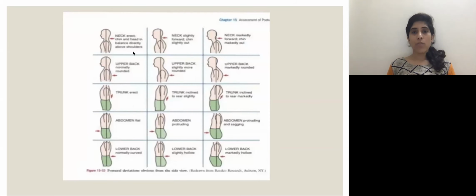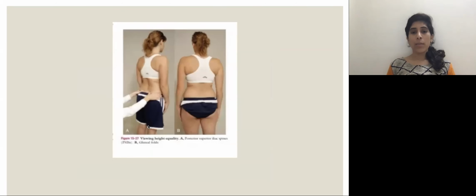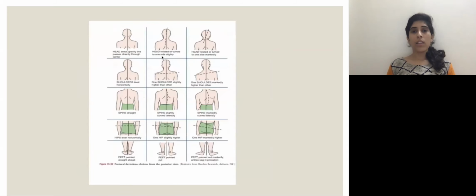In the lateral view, we'll check the neck, whether it is excessively forward or backward. Then the upper back, then the trunk area. Then we'll check the abdomen and the lordosis of the lower back. So this is the lateral view. In the posterior view, we'll check the PSIS level. Then, as I said, the neck position and scapular level. Then the shoulder height, whether it is the same on both sides or elevated on one side.